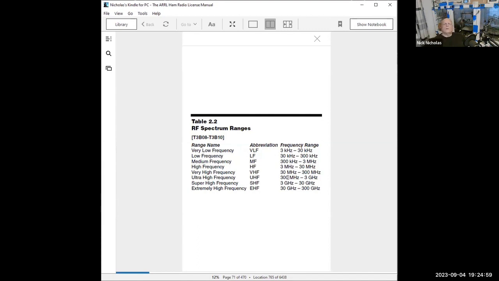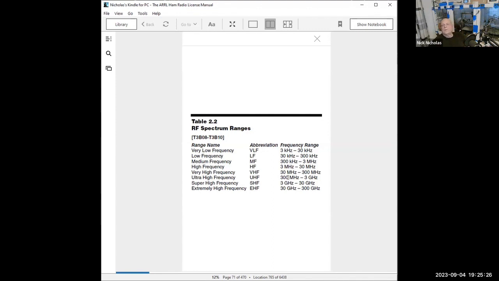I want you to know this, because you're going to have to reference this. It's going to ask you, what VHF frequency do you have privileges on right above the 10 meter band, or something similar to that? Well, the next band up, that's VHF, or what's the lowest VHF frequency you have privileges on?